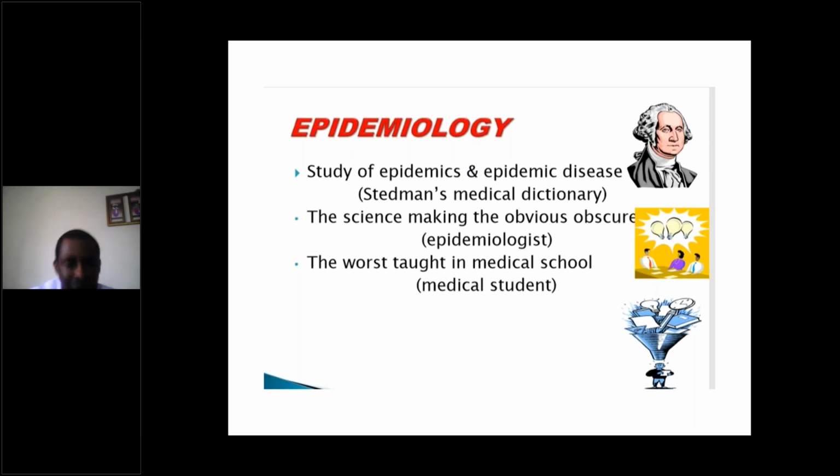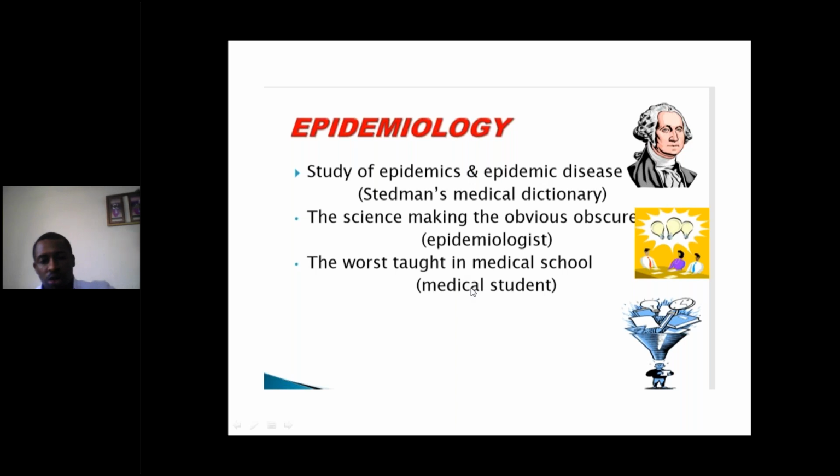For medical students, it is the word taught in medical school. These are definitions from different groups of people. Epidemiologists say epidemiology is the science of making the obvious obscure. Medical students say it is the word taught in medical school, because it's not given the attention it should be.